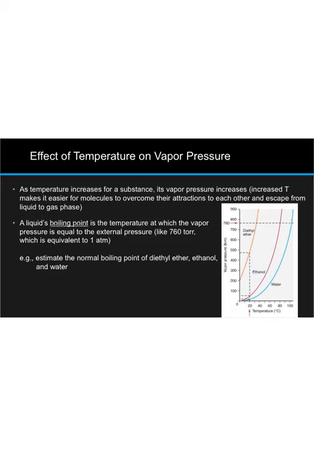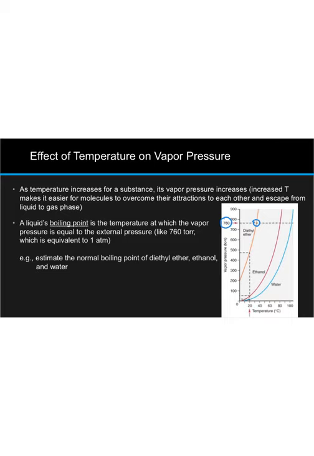We can estimate the normal boiling point of a substance based on a vapor pressure diagram like this graph on the right. I've highlighted on this graph 760 torr, which corresponds to 1 atmosphere standard pressure. At this pressure, the standard atmospheric pressure, we expect that the temperature at which any one of these graphs crosses 760 torr represents the boiling point for that liquid.